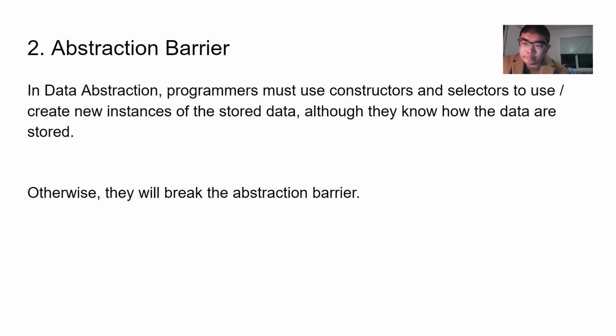You are the user. You cannot cross the barrier to control the machine with your mind, and you can't modify it while it's running. That's not reasonable. You have to use tools that cross the barrier for you, so you can control it safely. The tools are constructors and selectors in programming.